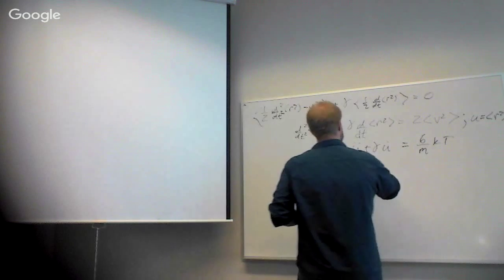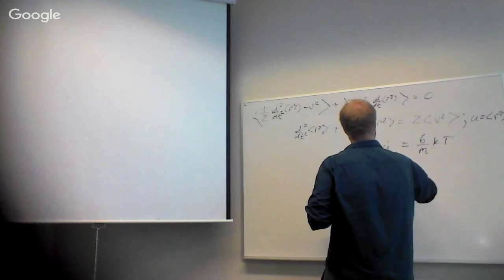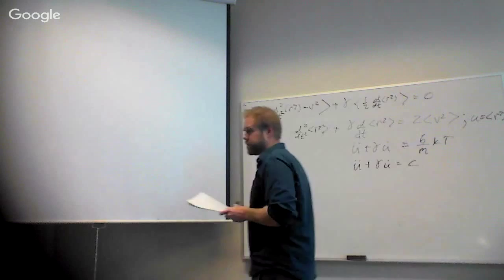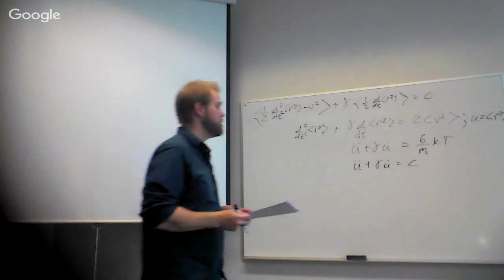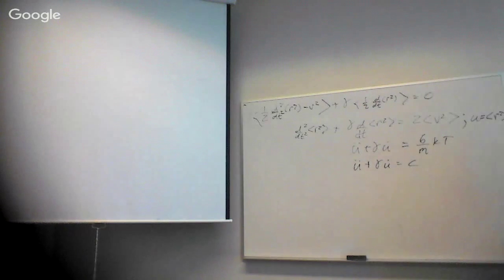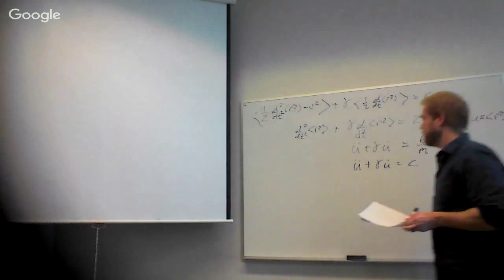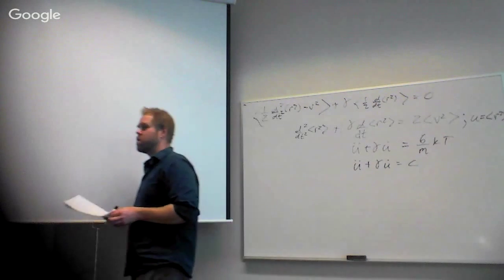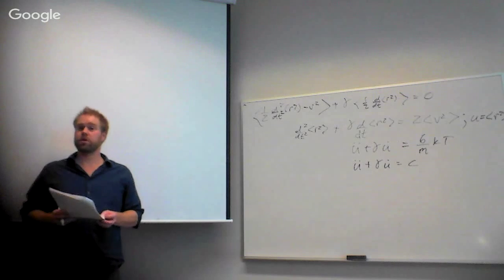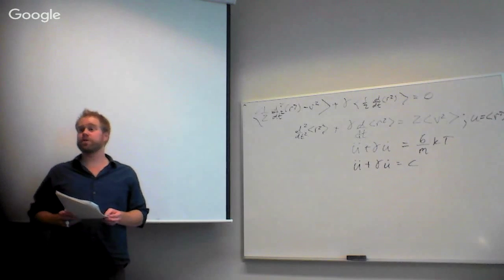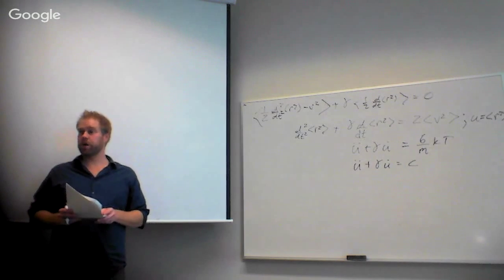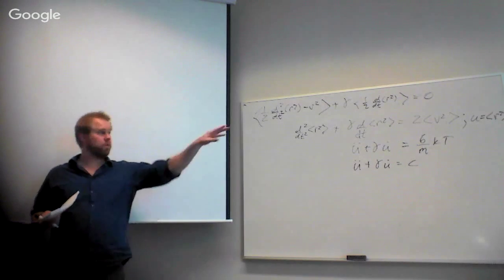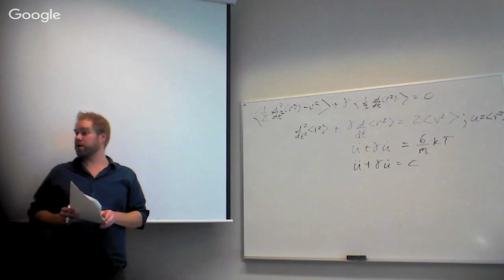And let's call that C. So we can reduce it to this differential equation. Cool. So we've gone from a crazy stochastic differential equation to a nice ODE here. If we can solve this for U, then we can recast it in terms of the average r squared.